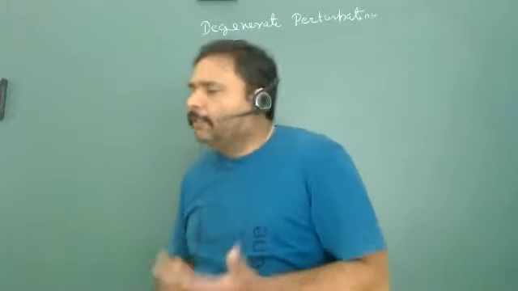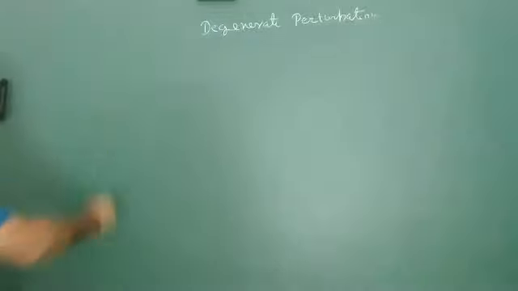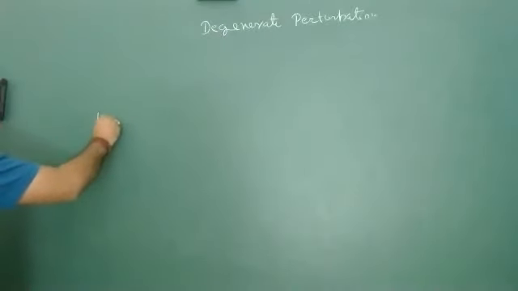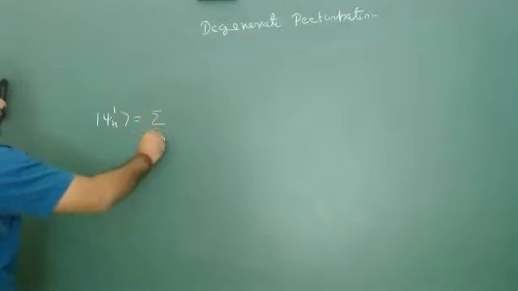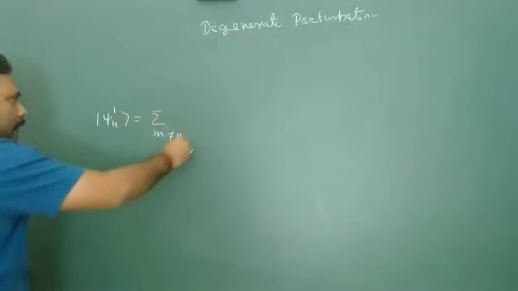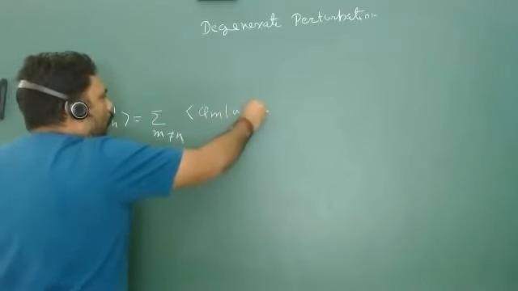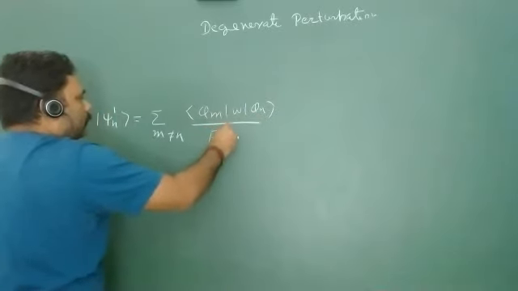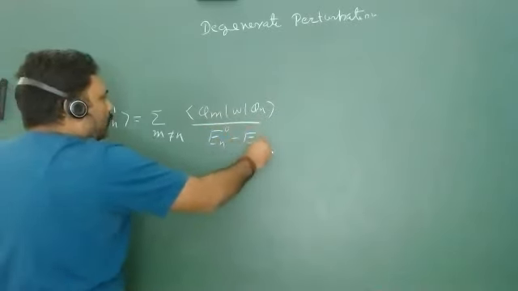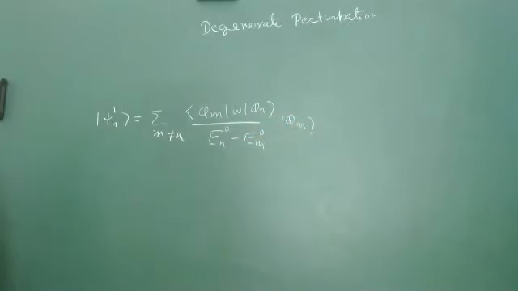Anyway, so now in the non-degenerate perturbation theory, what you can see, if I am calculating psi n1, and this will be sum over m not equal to n, and here is phi m, W phi n, and you have En0 minus Em0, and phi m. Remember, we have done this thing in the last class.